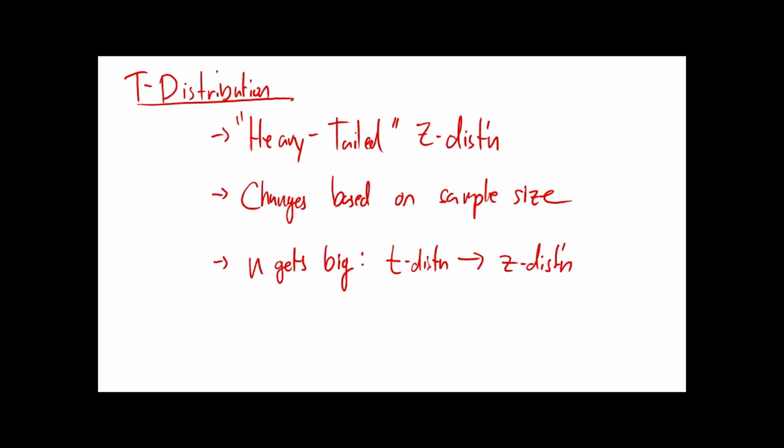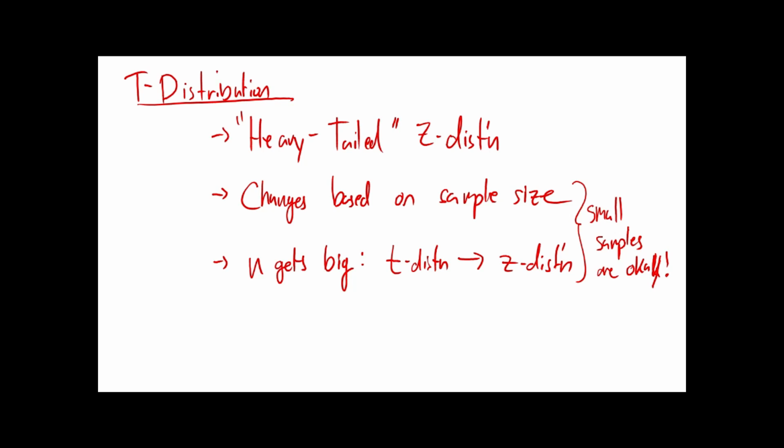And so your estimates are getting really good. So you would expect that your confidence interval should look more like the z distribution. Now, the nice thing about this, though, is that with a t distribution, small samples are okay. That's the nice thing about it.